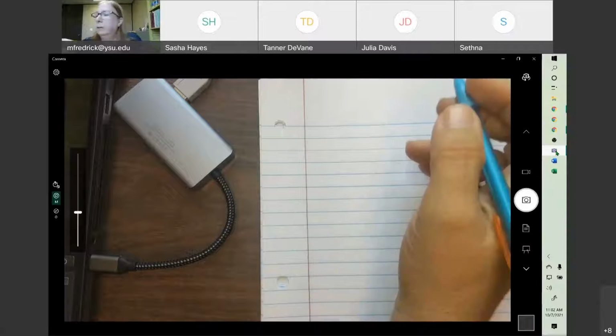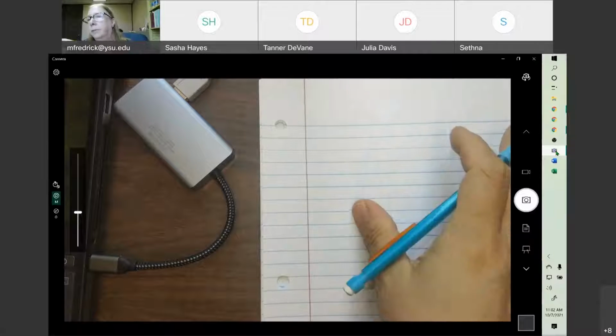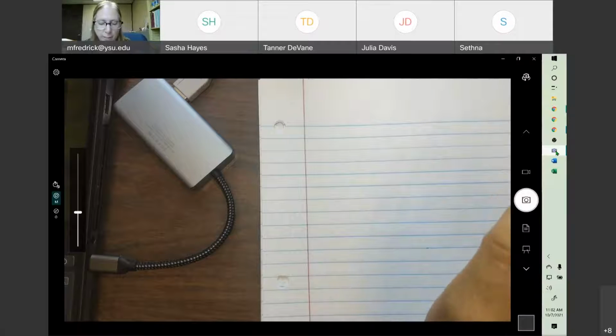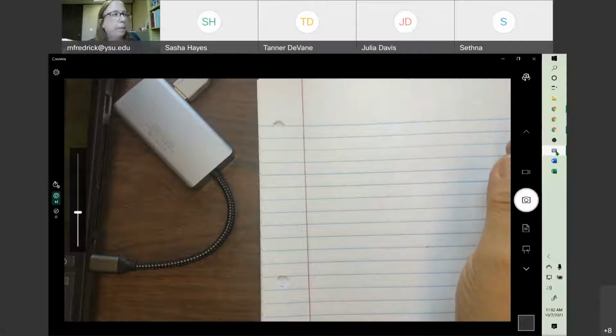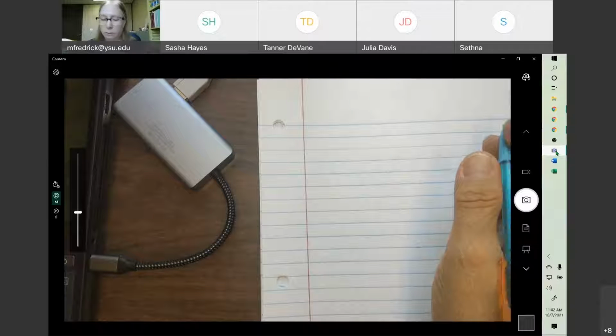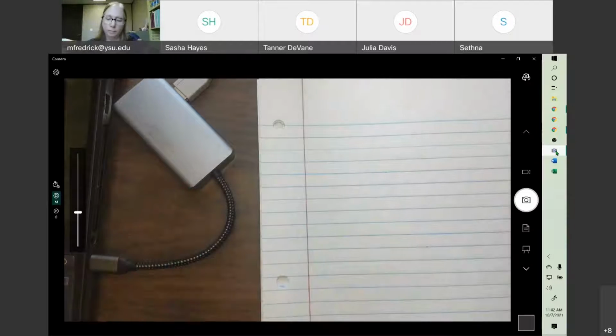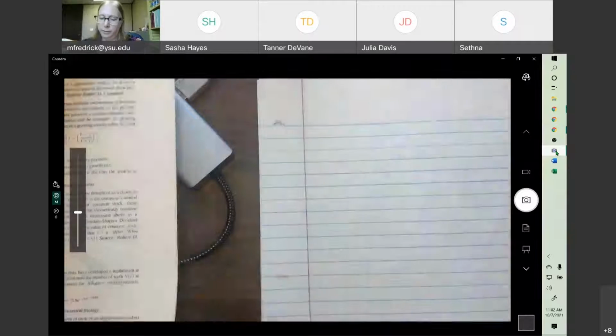We were working on 6.1 and 6.2, and there's a couple story problems I want to do from it, and then we'll start 6.3 if there's no questions. I'll just write it out.